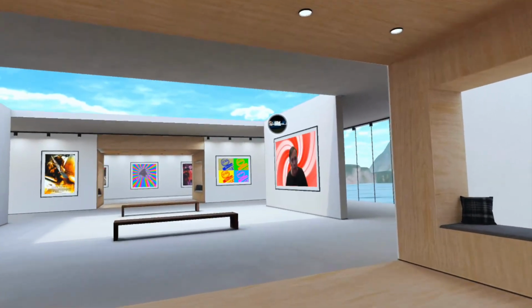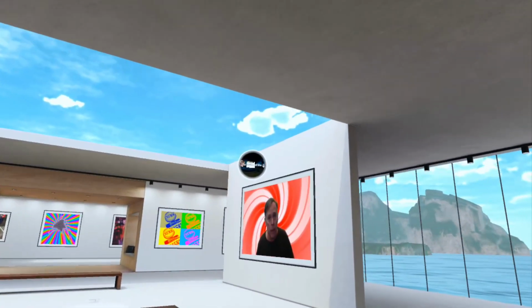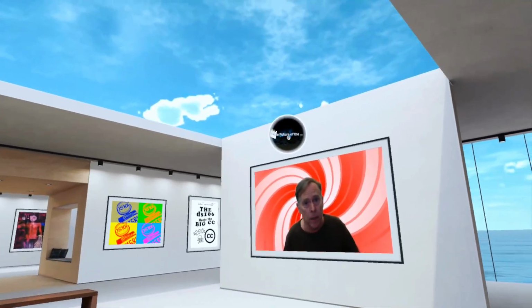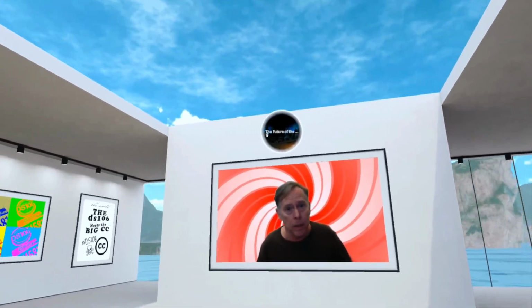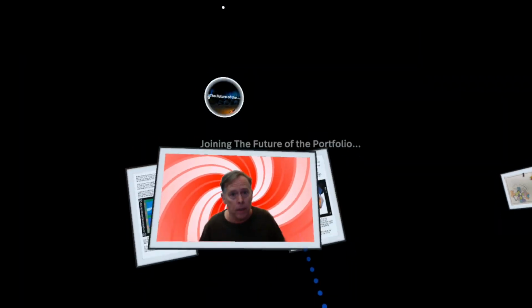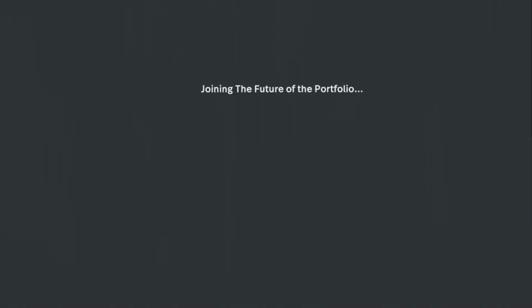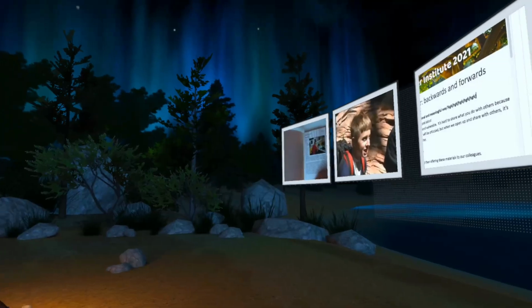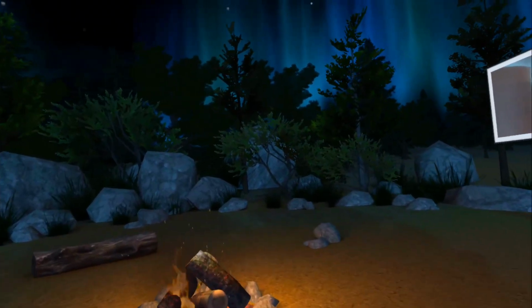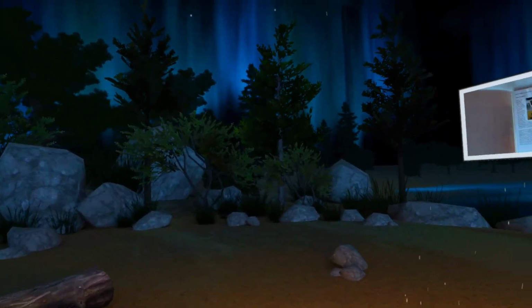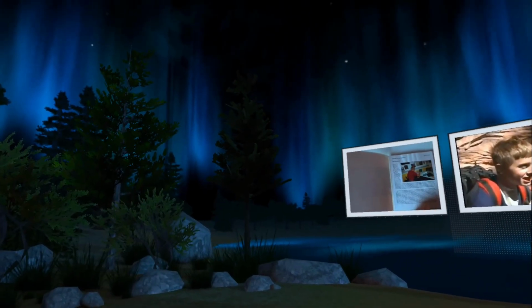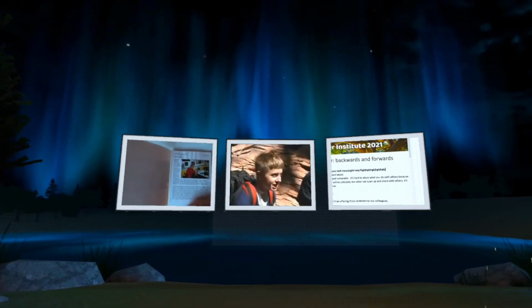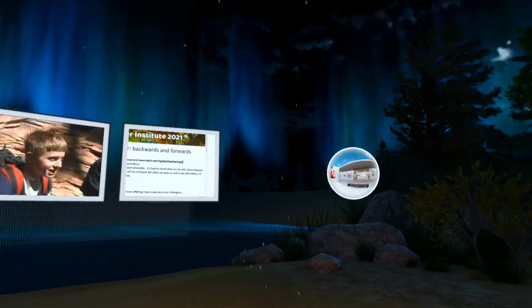What I've created here as well is a portal to get back to the campfire. Where we might talk about these topics and wonder about the future of the portfolio.